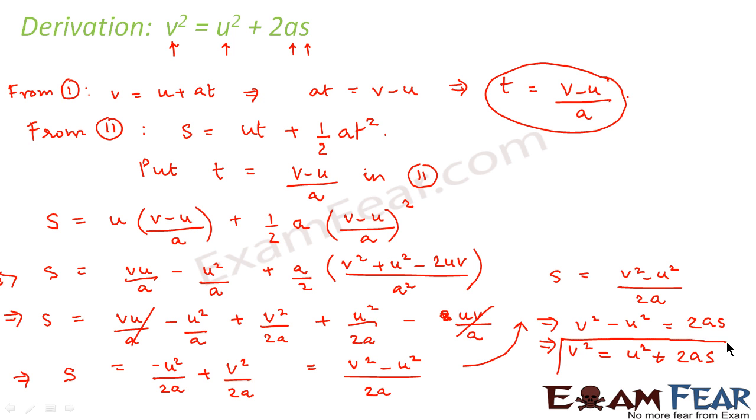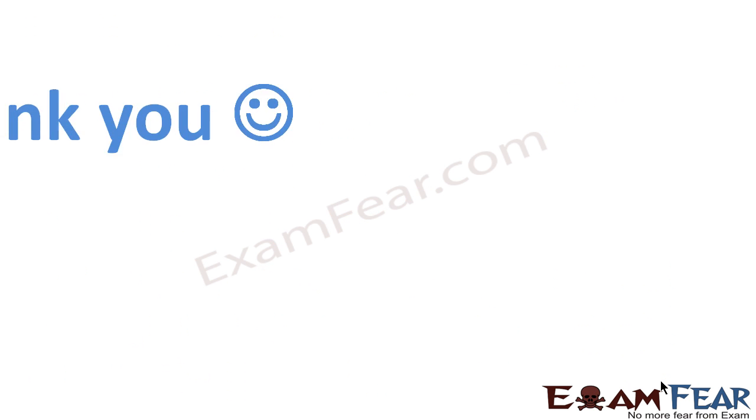So here we reach to the third kinematic equation of motion. So I guess this equation has nothing to do other than putting the value of t from first equation into the second equation. So we arrive at this equation. Now you will see it for yourself that with the help of these three equations, we will be solving a hell lot of questions in many different ways.